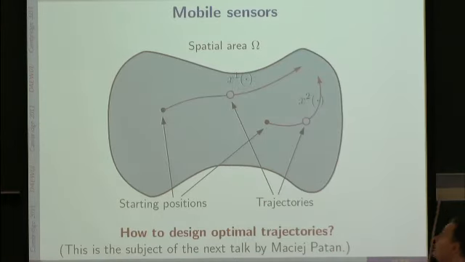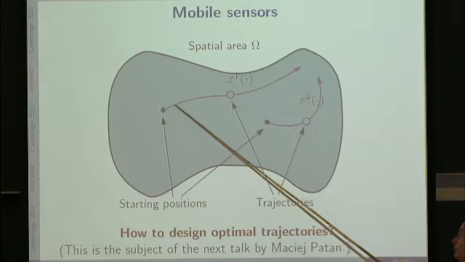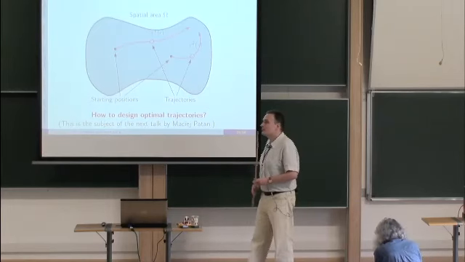And finally, we have mobile sensors. I will only give a few words about this because this is the subject of the next talk by Maciej Patan. So we have sensors which are carried on mobile platforms, such as mobile robots or pilotless aircraft. And then the natural question is how to design such trajectories.